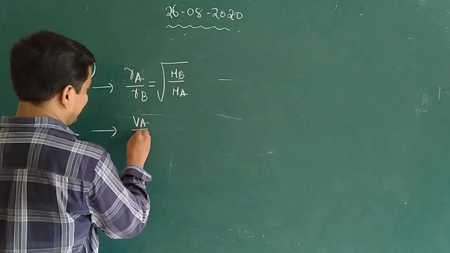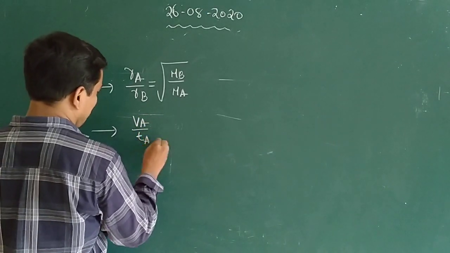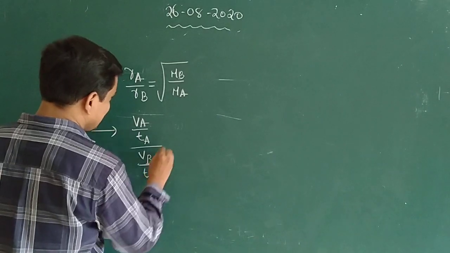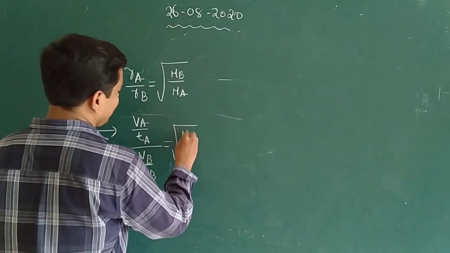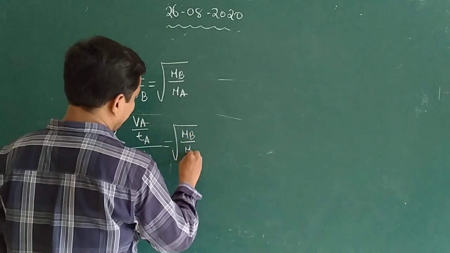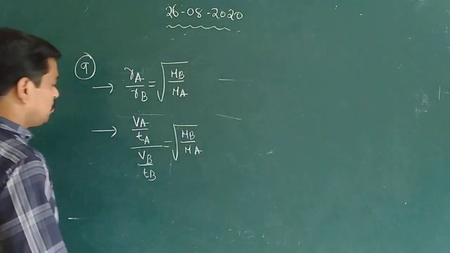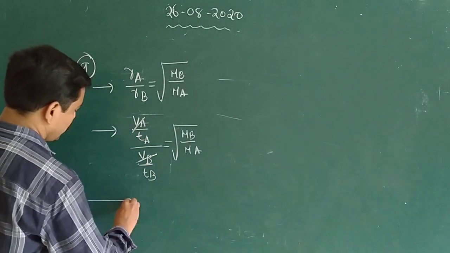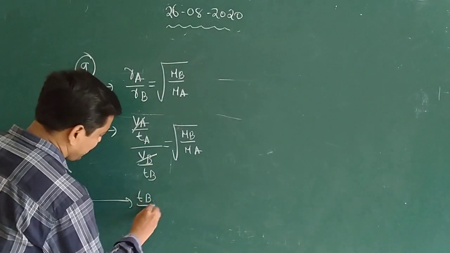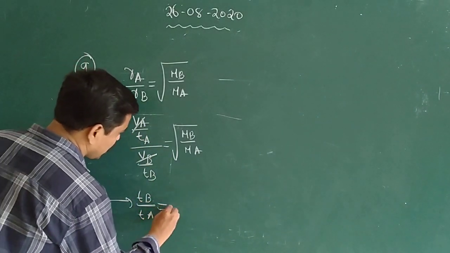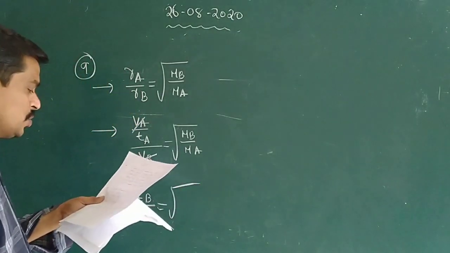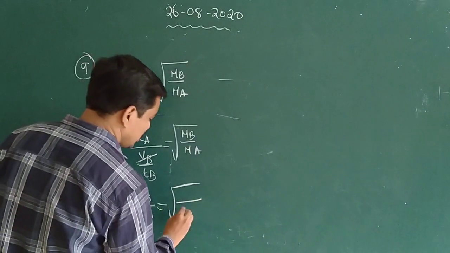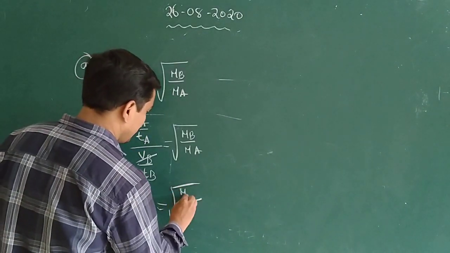So VA by TA over VB by TB is equal to square root of MB by MA. Here the volumes remain the same, so TB by TA is equal to square root of MB by MA. He said MA is 49, so square root of 49.